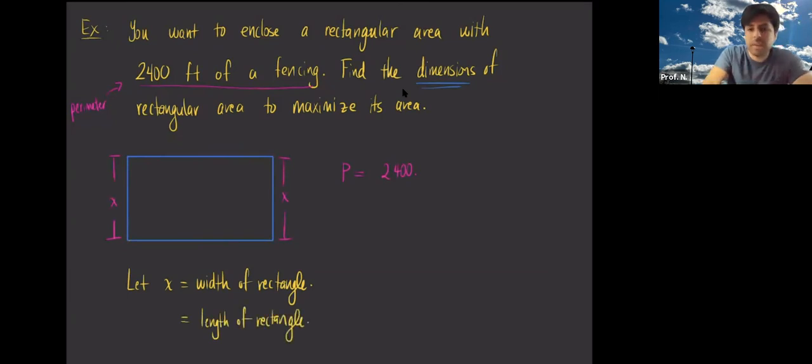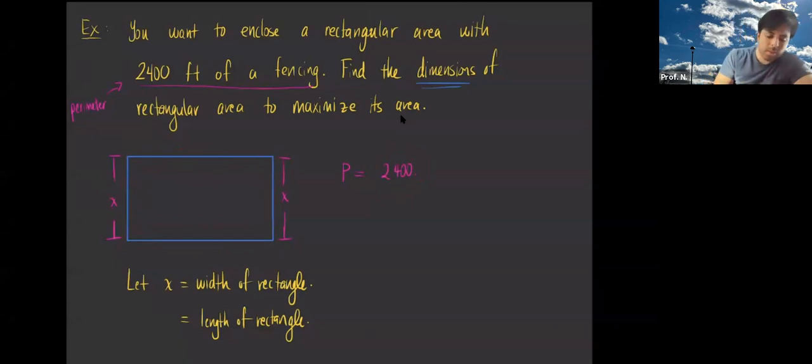Of course, we're going to write it in terms of x. So Tiffany, it's not 2400 minus x. Remember, the perimeter is x plus unknown plus x plus unknown, and they all have to add up to what? 2400.